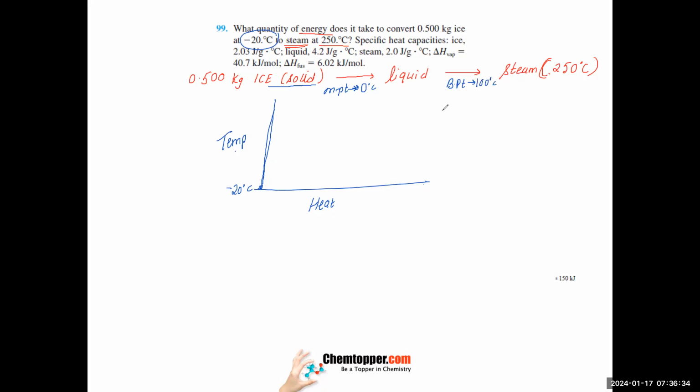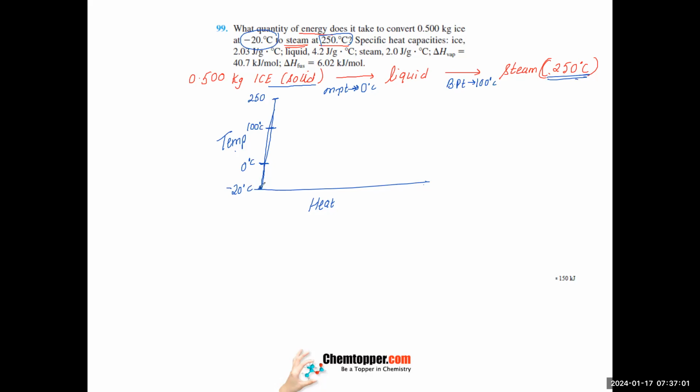These are important points, so I'm marking them here. -20, I'm marking this one as 0 degrees Celsius, this one as 100. My marking is not very accurate, but just to make you understand the heating curve. And I'm marking this one as 250. That's the final temperature, children.